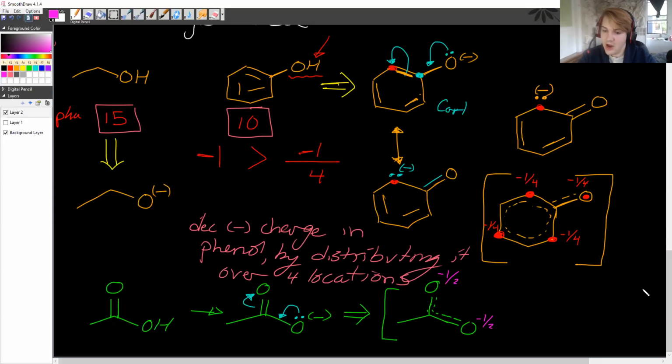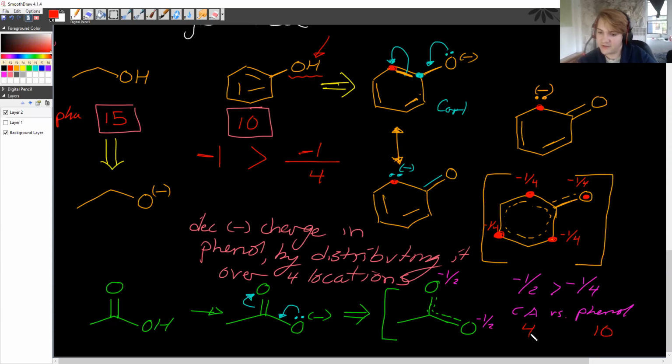If we compare these things, -1/2 is greater than -1/4, right? Because we're comparing the carboxylic acid versus the phenol. So based on our rule, we would say that means the phenol is more acidic, right?